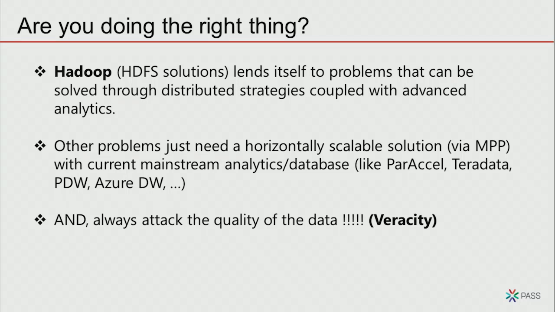It's not everything. If all you need to do is horizontally scale because you have an enormous amount of data, you may not want to do it on a Hadoop platform. You may want to pick something else that is horizontally scalable. The Microsoft Data Warehouse, the PDW, is a great example of horizontally scalable architectures with distributed node concepts that scale into infinity because of the type of data. That's one of the first things I go into when I'm at a customer site: what are you trying to do?